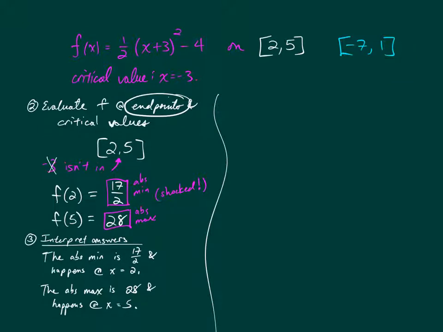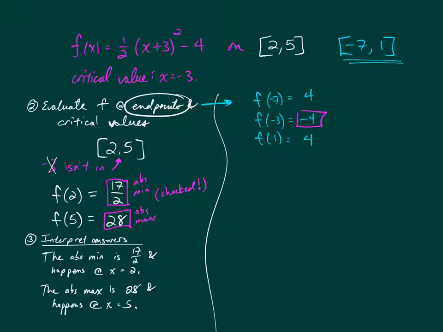All right, so there's that one. And with this other one over here in this light blue color, the second step is to evaluate f at the endpoints and the critical values, so same step. And yes, this critical value is in the interval, so we will need to find f of -7, f of -3, and f of 1. So we can do that, and we get 4, -4, and 4 respectively.